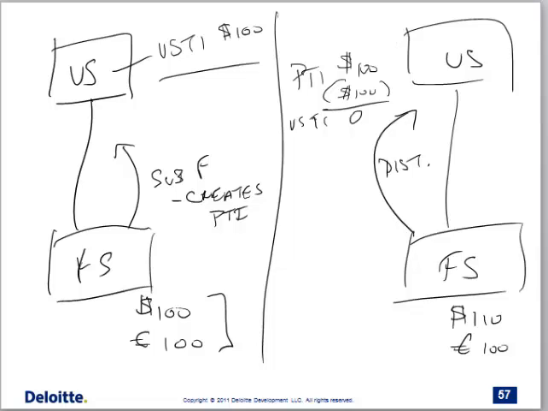But in our situation, we're going to say the money we're going to get back is actually worth $110, right? So we have a $10 income pickup. And that income pickup is the FX gain on your PTI account, right? So that's a good double acronym. That's governed by Section 986.